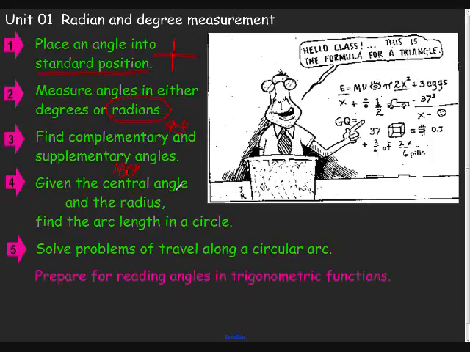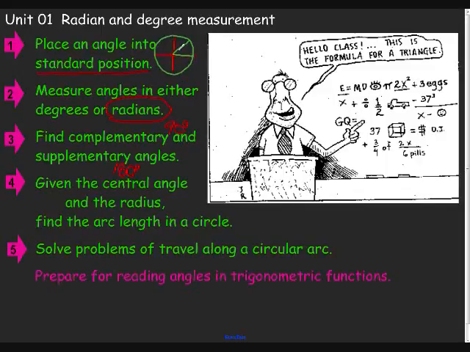Given the central angle, we know that would be something, let me change my color here. That would be an angle that's maybe lying here. Given the central angle, and when we talk about a central angle, do you remember from geometry?